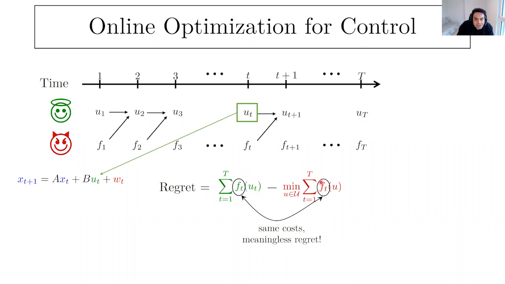But having the same f_t for another controller is totally meaningless for us. So if you want to look at the regret, the sequence of cost functions that you observe is not going to be the same, since it is driven by this minimization. All I'm trying to say is that the direct application of the regret in the control context is going to be difficult, and it's going to be a challenge.